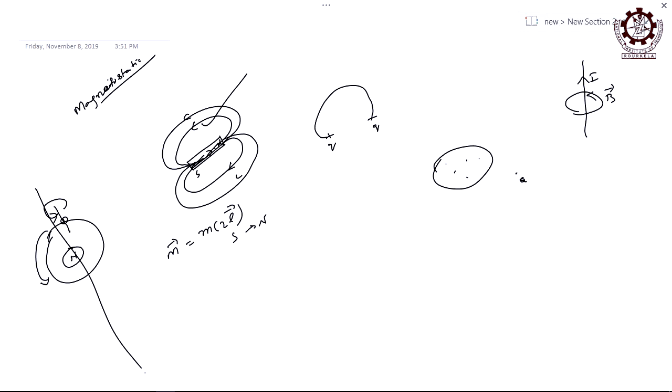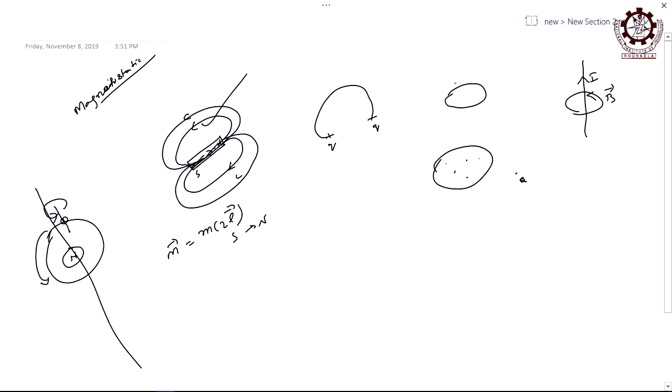So, does the orbital motion of the electron constitute current or not? There is a rate of flow of charge, so there will be current. So, it is equivalent to a current carrying loop.